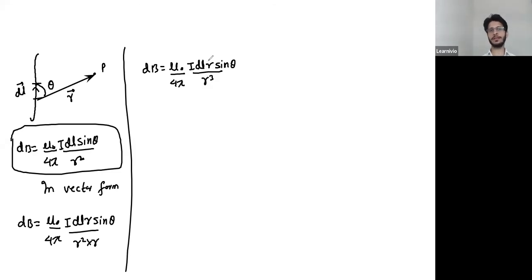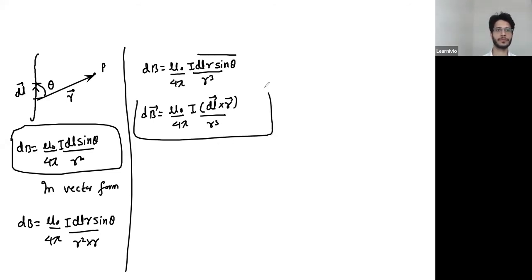This dl r sine theta is basically the cross product, dl cross r. So you can write dB as mu naught over 4 pi, I dl cross r over r cube. This is how we calculate the magnetic field. This is the expression of magnetic field in vector form.